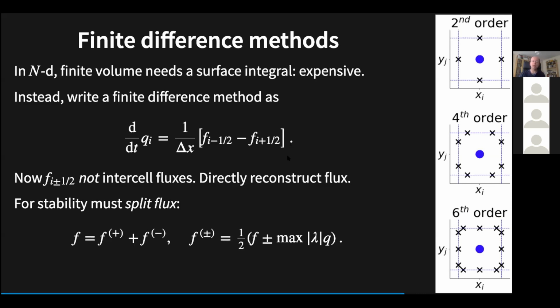At the same time, because we've written the update term in terms of the half-valued fluxes, and that's used for both of the neighboring points, we still have the flux telescoping property. We still have total discrete conservation, and so the Rankine-Hugoniot conditions will be correct.